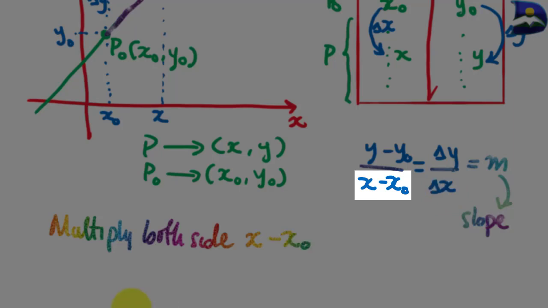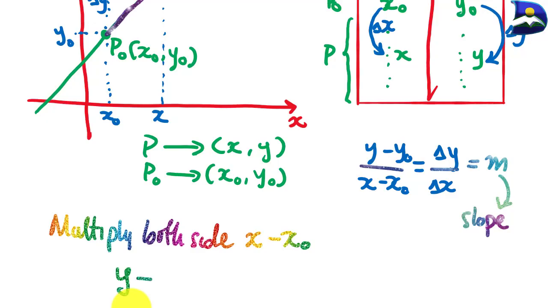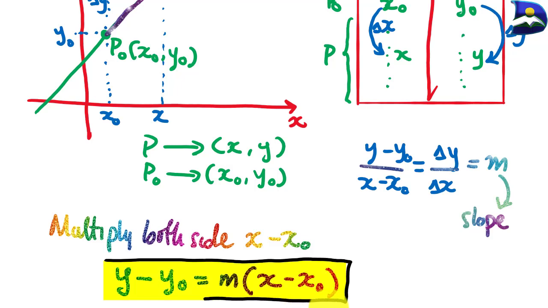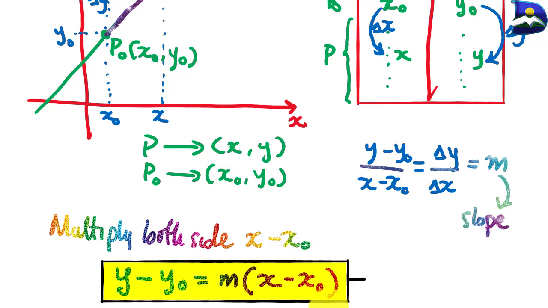Therefore we have our new equation, which is y minus y naught equals m multiplied by x minus x naught. This is our final equation, and it is true for any non-vertical line. This is expressed as the point slope form of a non-vertical line, and this is highlighted right here on this graph.